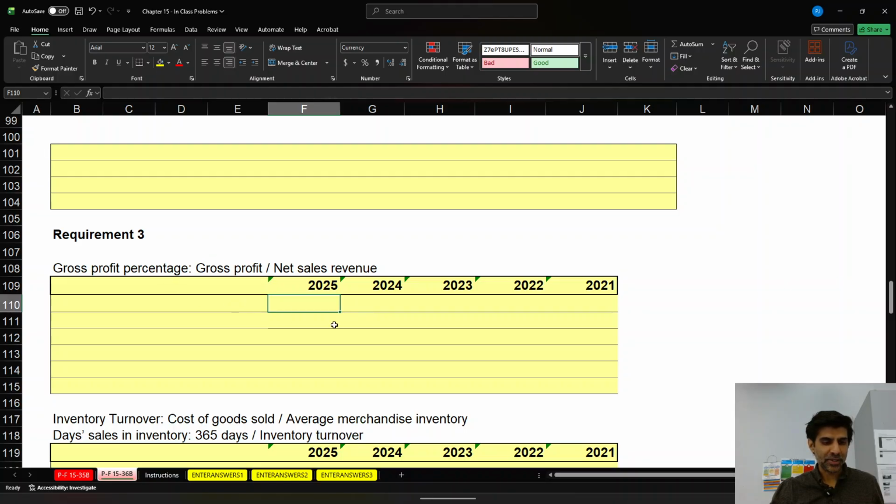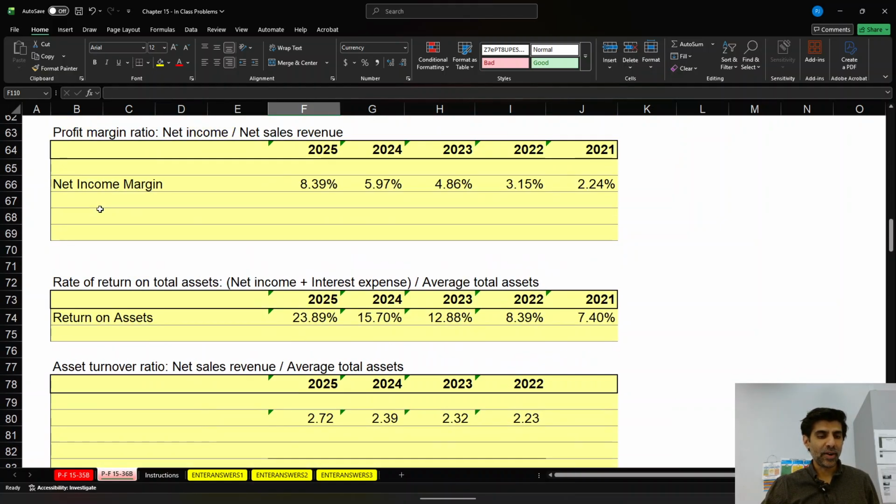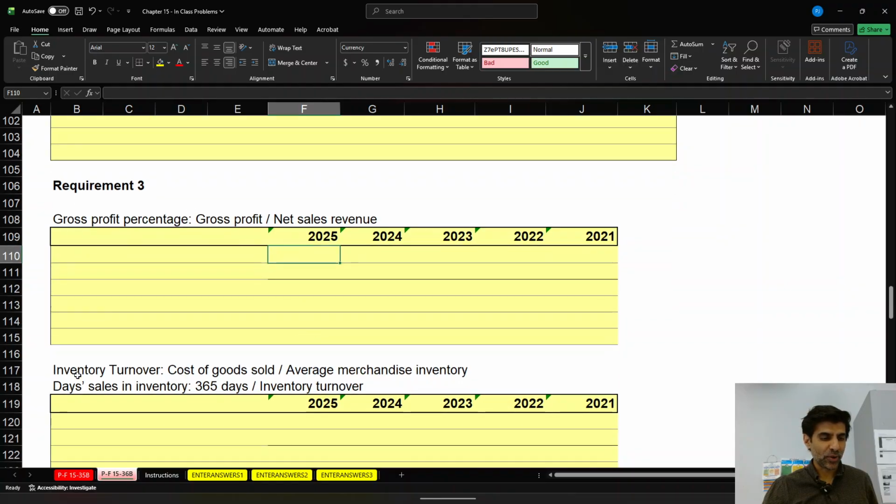Gross profit percentage. Okay, so now we're going to do some margin analysis, some other type of analysis. These were all kind of geared at efficiencies of the balance sheet. Now we're looking at more operational information like inventory turnover and gross profit percentage.